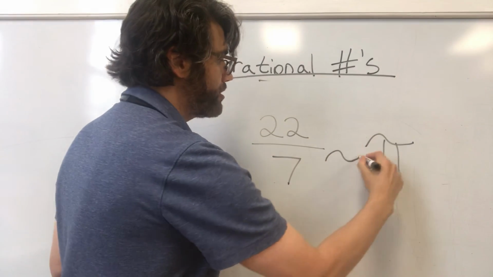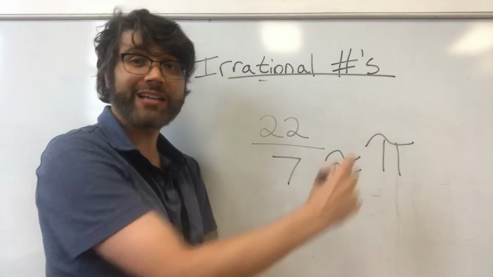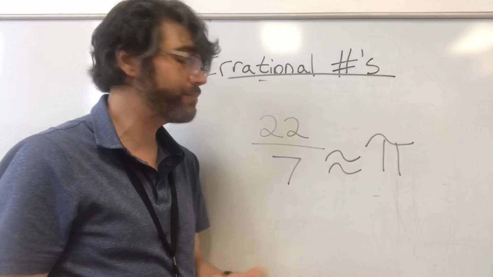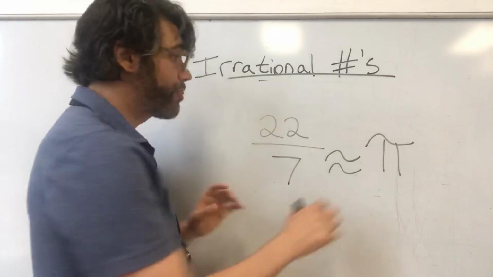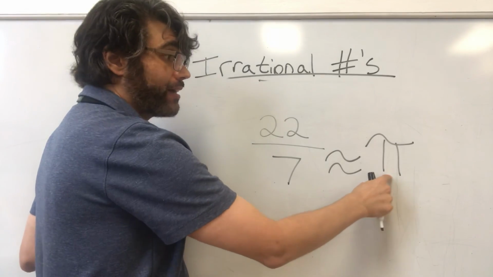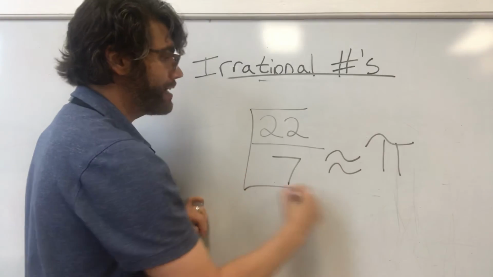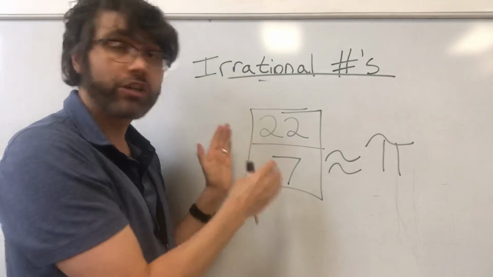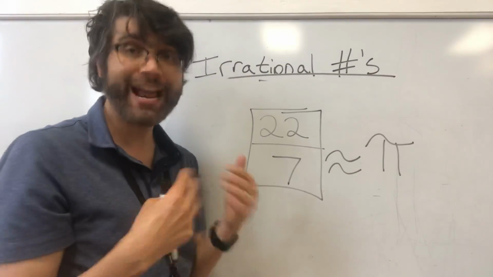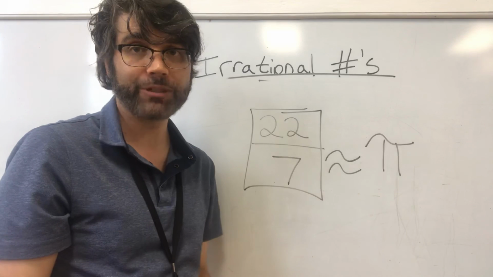And so I'm going to use these squiggly lines instead of an equal sign. These squiggly lines mean it's approximate. It's an estimate. But pi, 3.14159 dot dot dot forever, is not exactly 22/7, even though 22/7 is a good approximation. 22/7 is a rational approximation of a very irrational number.